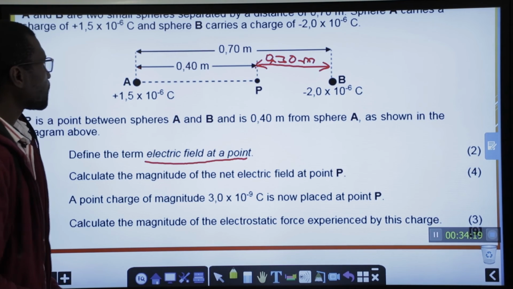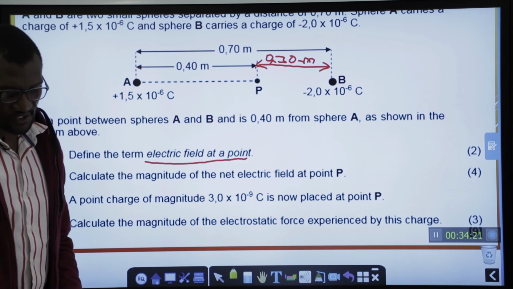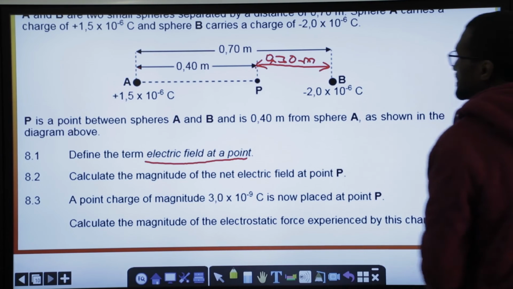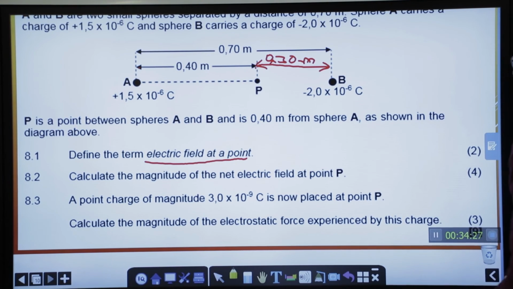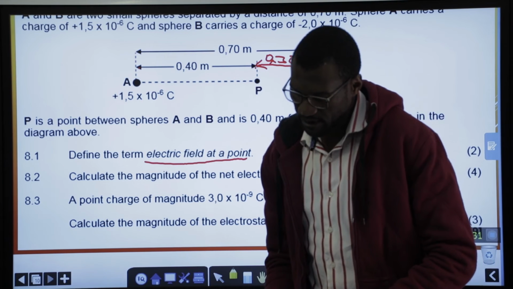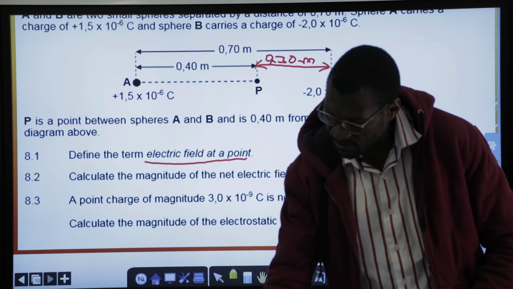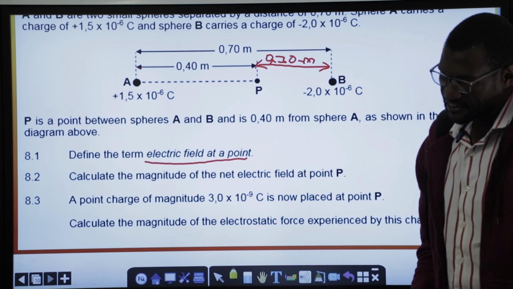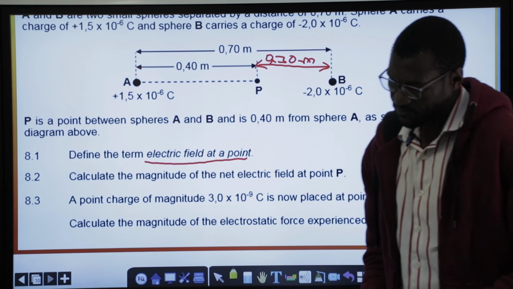Very simple. What we are going to do is consider the E as a result of A and the E as a result of B, and find the total by adding EA plus EB.